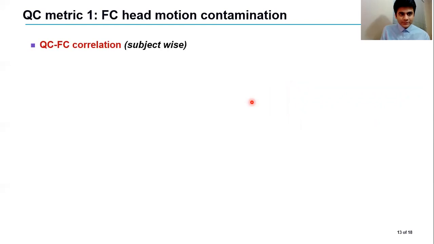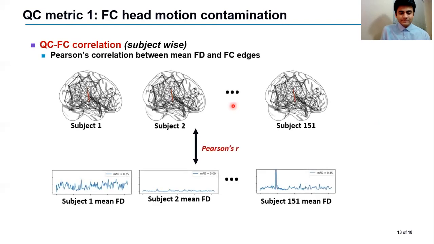So our first QC metric was QCFC correlation, where a Pearson's correlation is computed between the mean frame-wise displacement, so the average level of motion for each subject, and the functional connectivity value for a particular edge across subjects.